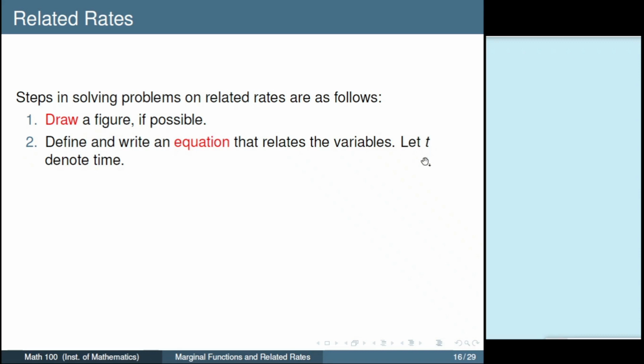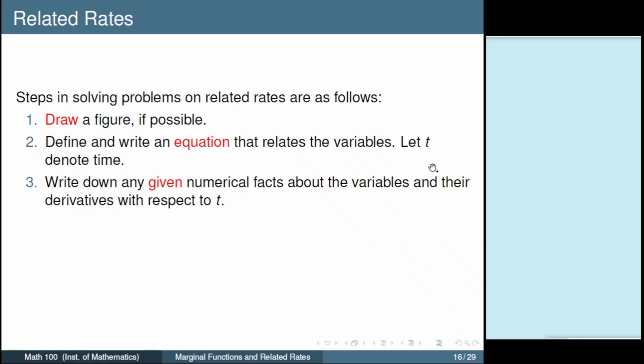For the second one, we define and write an equation that relates the variables. And since most of the time, we're talking about the rate of change of a variable with respect to time, we let t denote the time. So sa step na to, kakolect natin lahat ng variables involved and we write an equation that relates all of them.